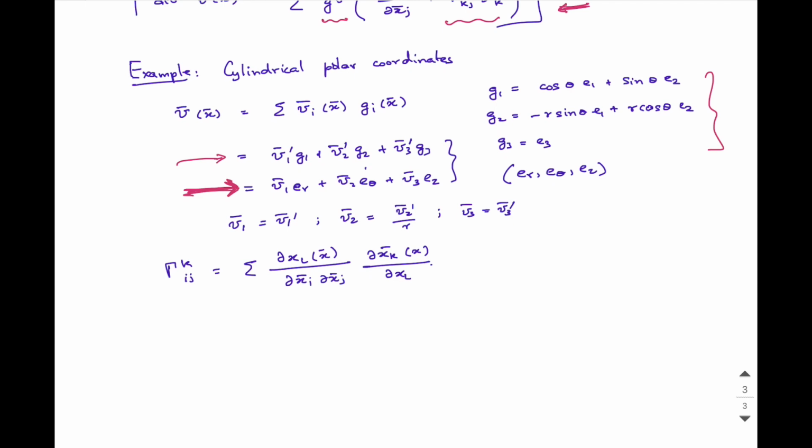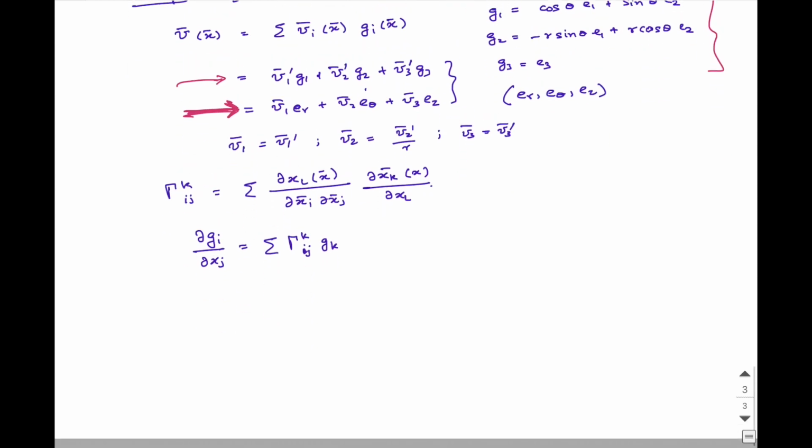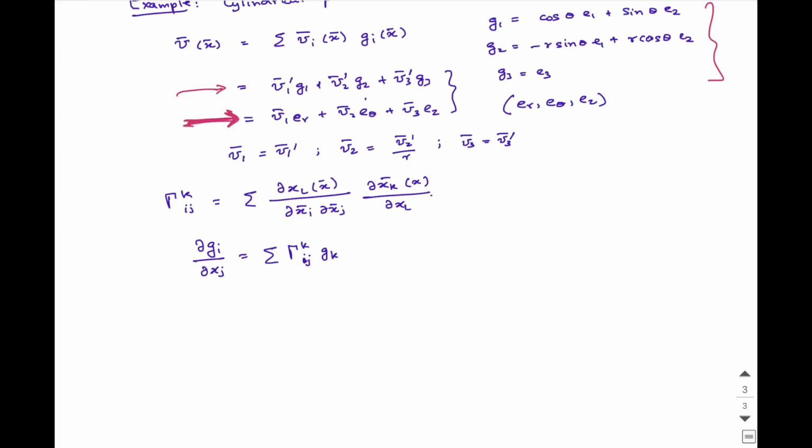Remember that the entire purpose of introducing the Christoffel symbols was to compute the derivatives of the tangent vectors, and they were defined so that you have the following equation. That's the definition of the Christoffel symbols. But luckily for us, the expressions for g1, g2, and g3 are known, so you can easily compute the Christoffel symbols as follows.